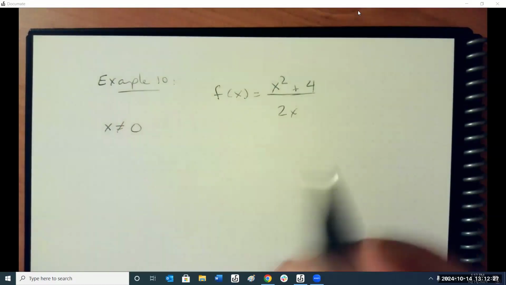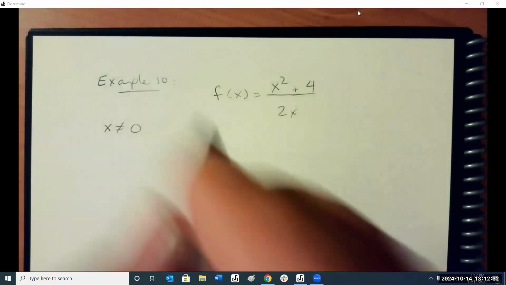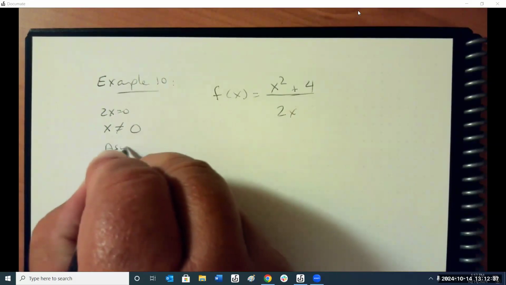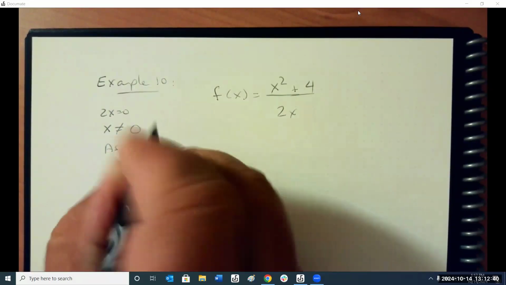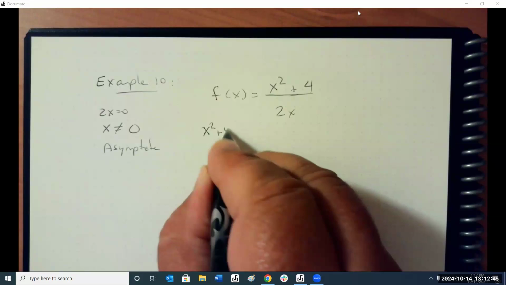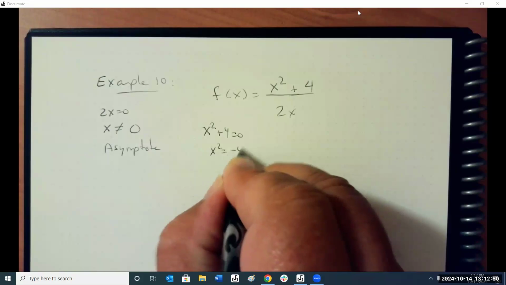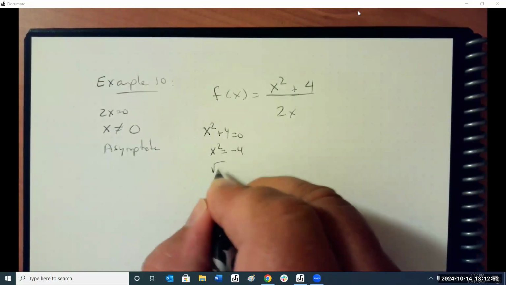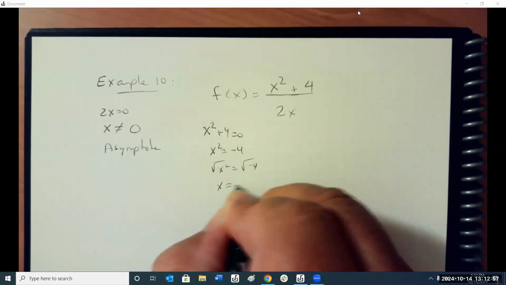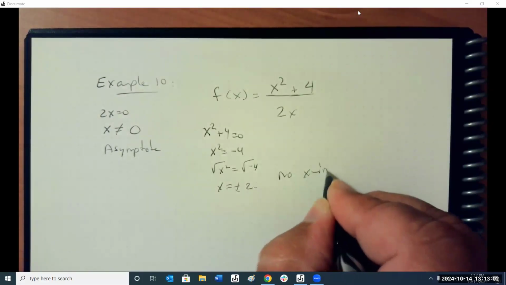It's an asymptote. And then x squared plus 4 equals 0. x squared equals -4. x is plus or minus 2i, so no x-intercepts.